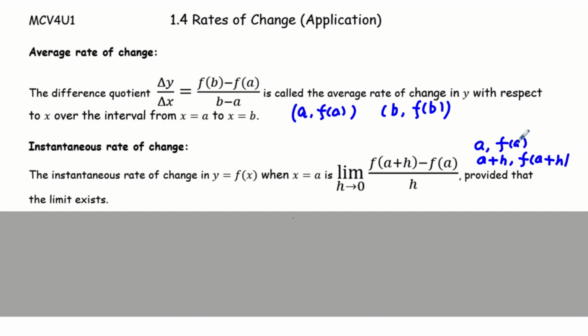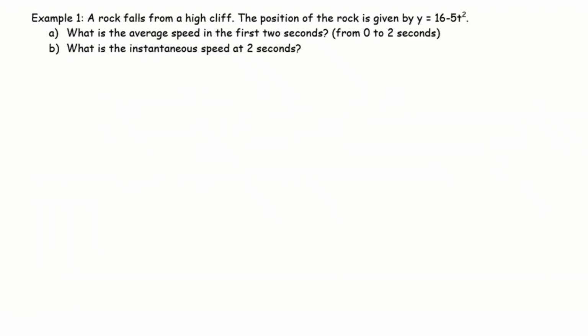So the difference of y, f at a plus h minus f at a, all over the difference of x, h. As long as we can find the limiting value of this limit, then we are able to find the instantaneous rate of change.